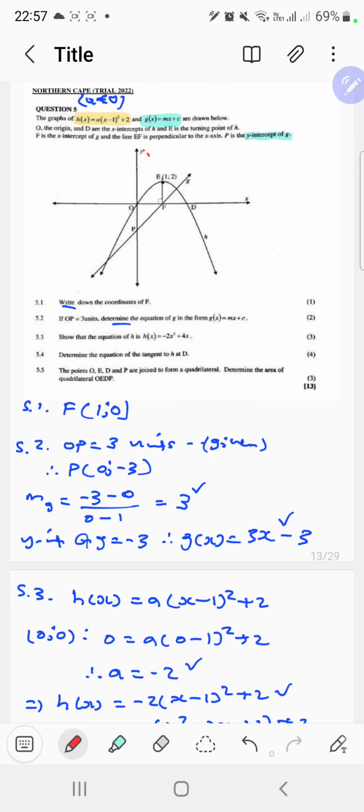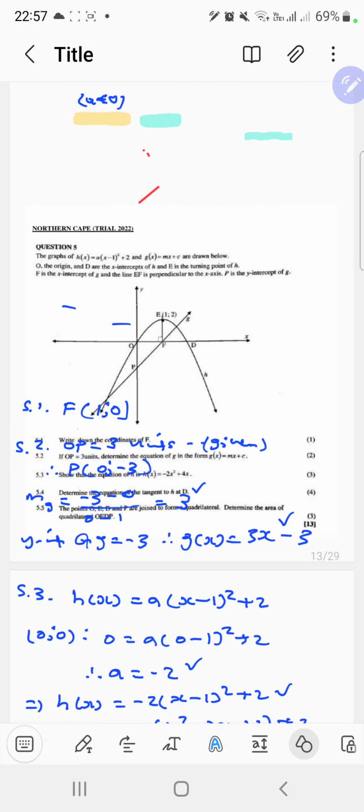Okay, let's see. What can we do here? Where is my thingy? I want to be able to do this shape. Now, let's see here.